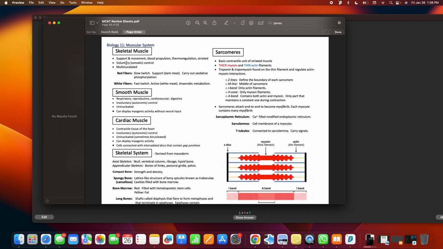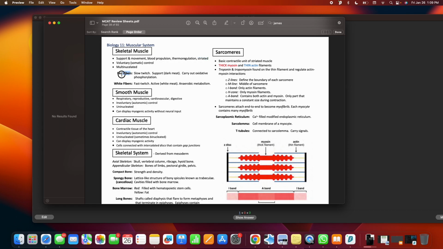The skeletal muscle provides supported movements, while we know smooth muscle and cardiac muscle don't do that. With skeletal muscle we also have blood propulsion, thermoregulation, and we know that it is striated.